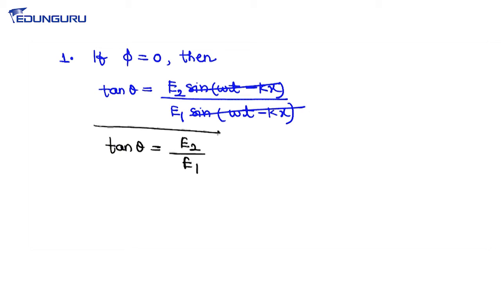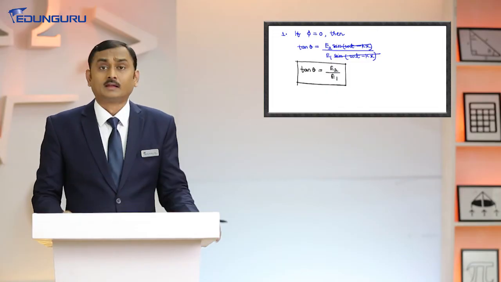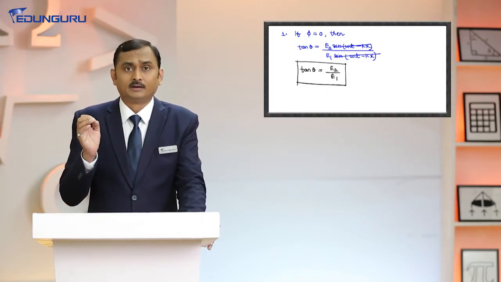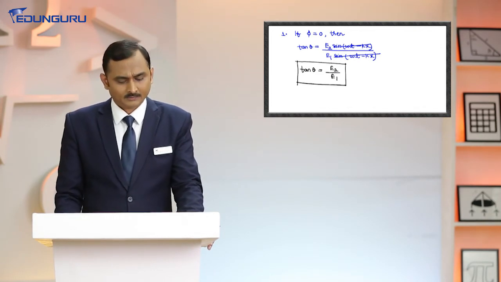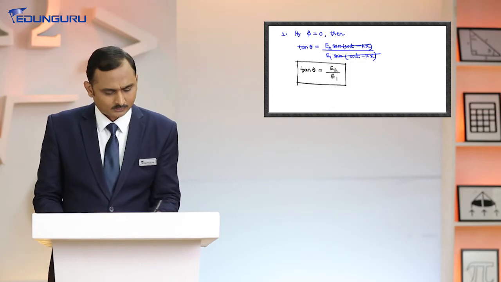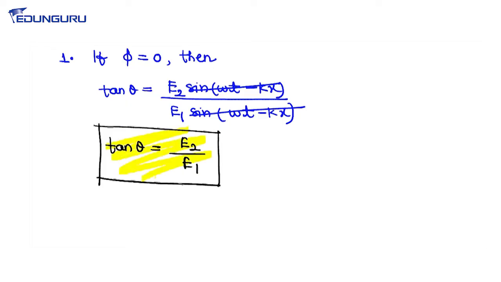E2 and E1 were the maximum amplitudes of the electric field along the z-axis and y-axis, so these are constants. So tan theta is a constant. Since tan theta is constant, the resultant field has a specific direction at that particular point, so we say that the light is linearly polarized.